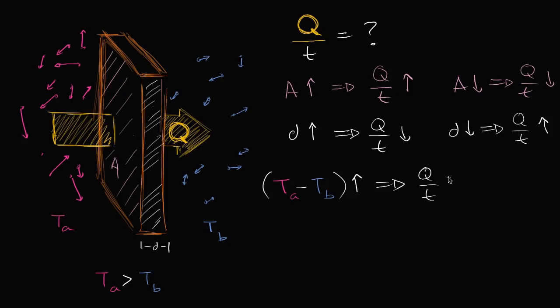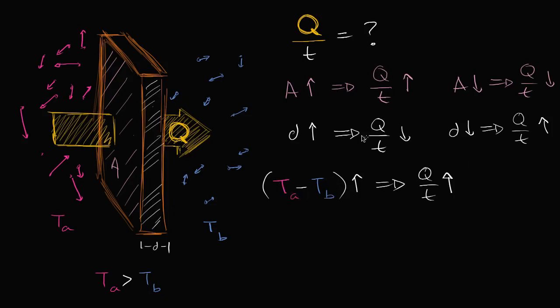Your rate of heat transfer is going to go up. And likewise, if this differential were to go down, and you could take the extreme case, if T sub A was the same as T sub B, then you would have no net heat transfer, frankly, in any unit of time. So it makes sense that the rate of heat transfer is going to be proportional to the temperature differential.